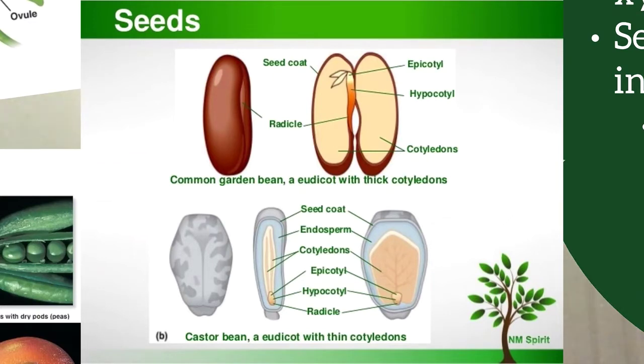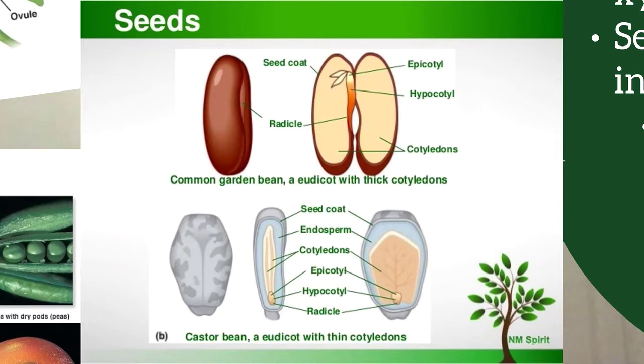And so the same thing, we have the embryo inside the seed with a nutrition associated with it. That's called the endosperm. And then the seed coat to protect it on the outside. Okay, so endosperm is what nourishes the embryo inside of the seed.